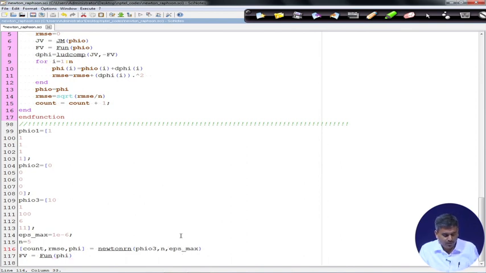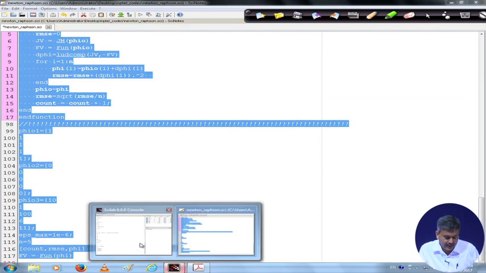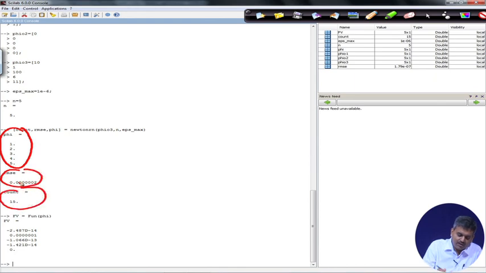Now, if we use arbitrary values, phi O3, then again we are getting the solution 1, 2, 3, 4, 5, and the RMSE is also small. The count is important, because in the previous case, when we started with 1, 1, 1 values, for the first variable we had provided the exact value, and for the others there was less deviation.